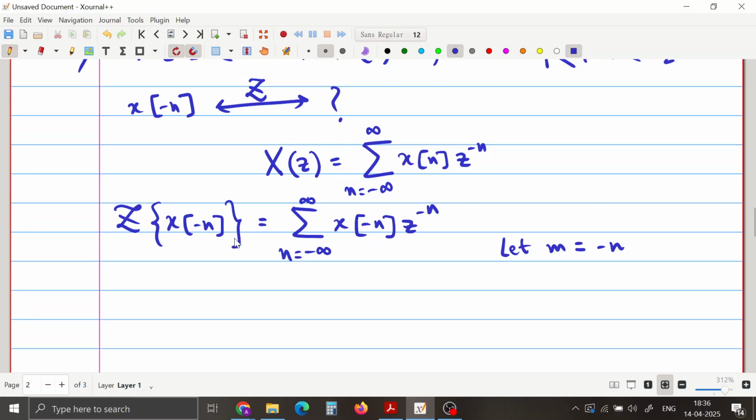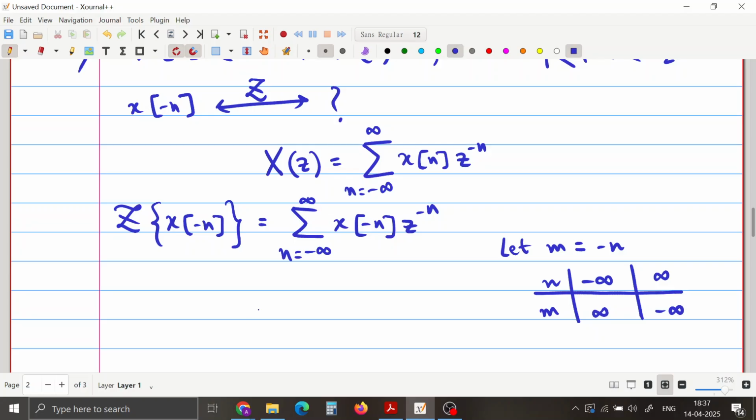Now we have to accordingly adjust the upper and lower limits of summation as well. Initially n was lying between minus infinity and plus infinity. Now small m is our new variable, which is minus n. Since we are just changing the signs, m is running from plus infinity to minus infinity.